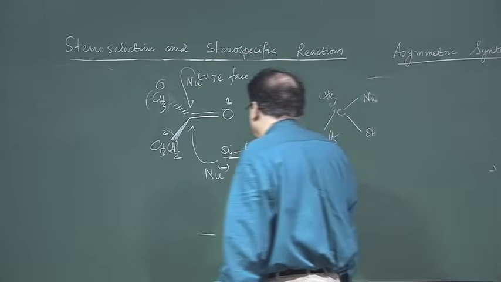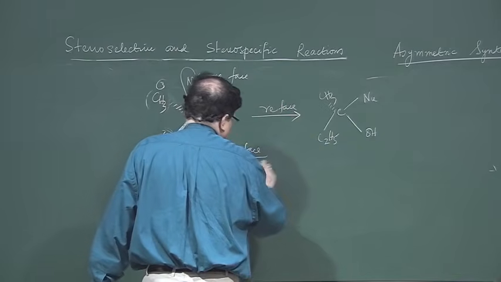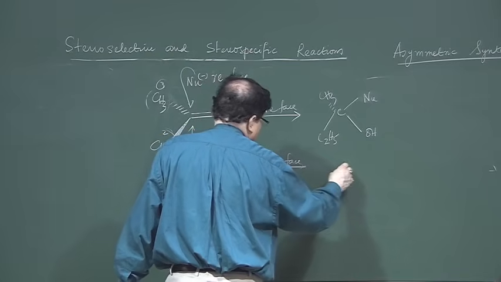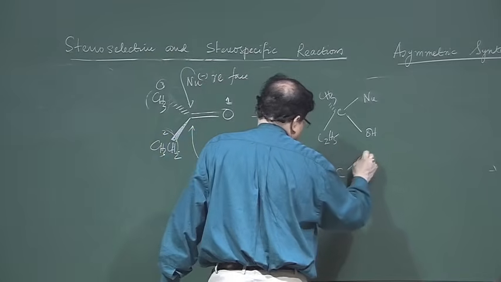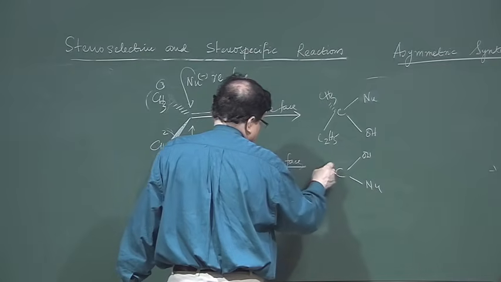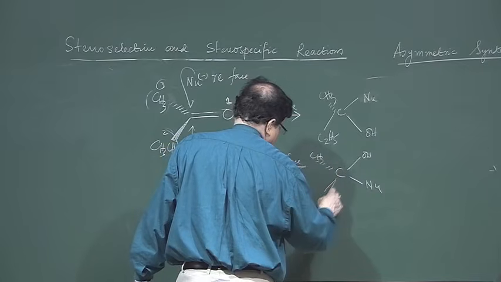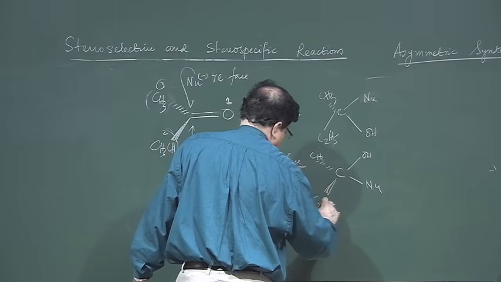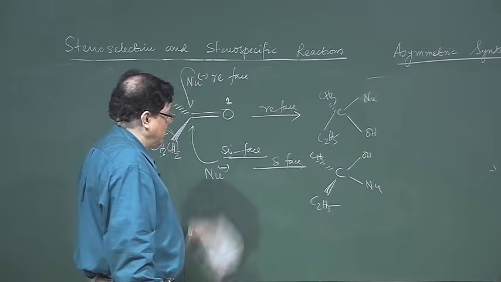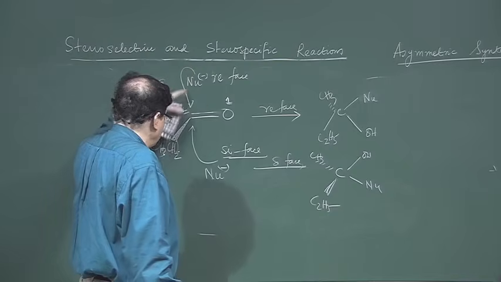And if this is the Re face approach, and if it is from the Si face, then the product will be: this is OH, this is nucleophile, and this is methyl and this is your ethyl. So, what is the relationship between these two? They are mirror images. They are enantiomeric pairs. That is why I called these enantiotopic faces.